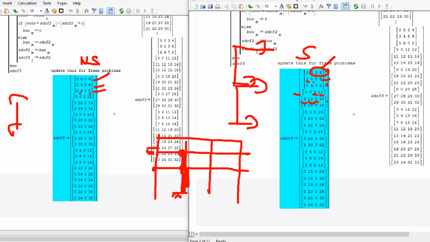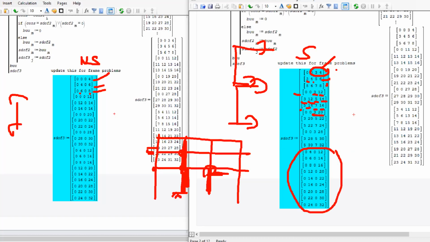Then rotation 14. And on the third floor, 5, 14, 7, 16. Now I'll go back to the column on the ground. I only need the rotation and lateral displacement, so it's 3 again, code 3, and rotation is code 20. So on and so forth. Now, if you notice here, these are all girders.